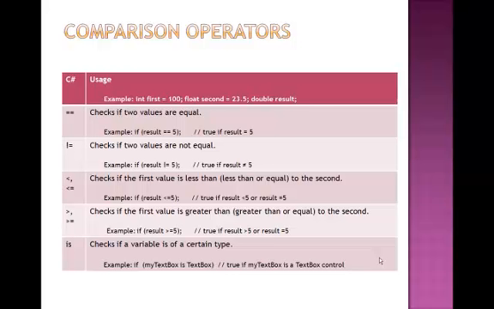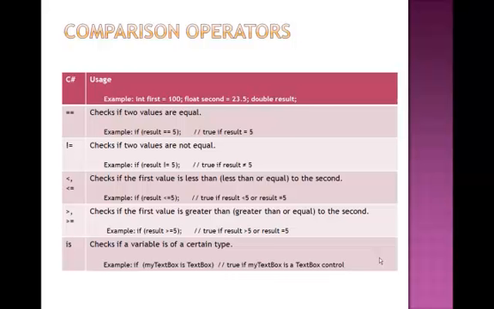So for example, if I have defined first as an integer and made it equal 100, a float variable called second equals 23.5, and a double result, and I performed all those arithmetic operations, then I could use the comparison operators to check what the result value is.